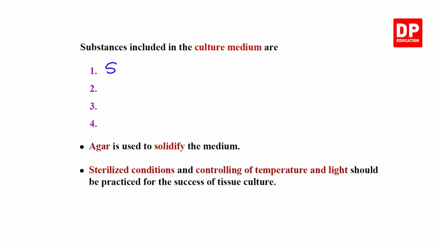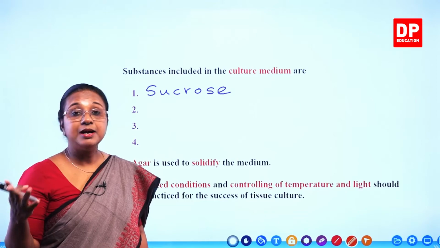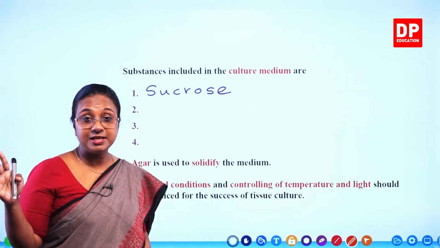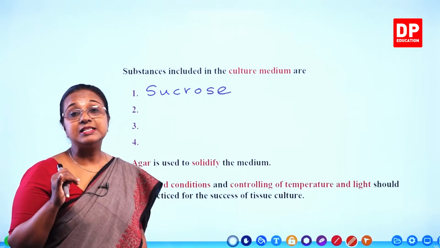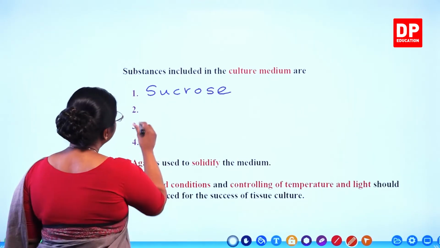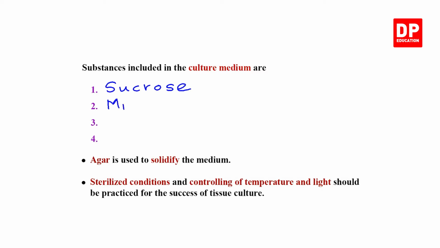So we need sucrose. So when I say nutrients, you all know two main nutrients that are needed. Apart from carbohydrate, proteins, lipids, the biomolecules, what are the nutrients? The minerals and vitamins. So here we will write them separately. Minerals and vitamins, as well as plant growth substances.